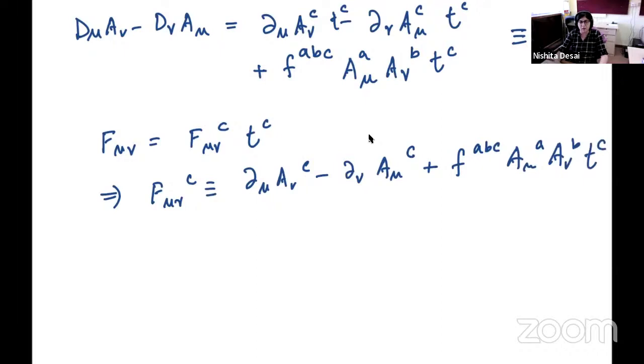So it becomes a more complicated relation. And in particular, you will notice that there is a term where you have two gauge bosons already in the definition of this F mu nu.